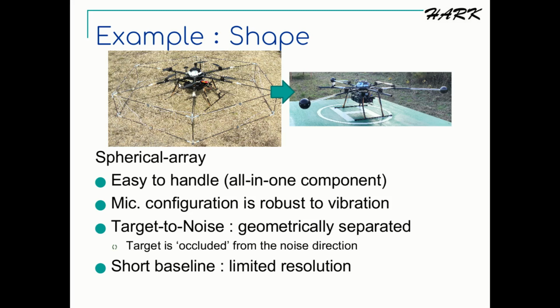But the most significant benefit of the sphere type is that the direction of the noise and the direction of the target can be separated geometrically. So if we can do some kind of sound source separation and sound source localization, then it might be easy to distinguish a target signal based on the direction of arrival.